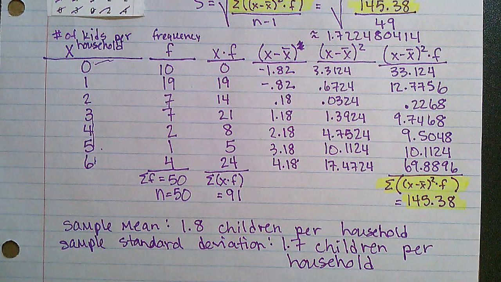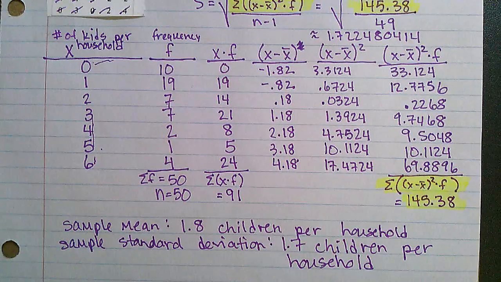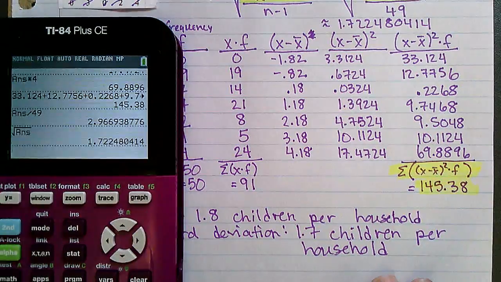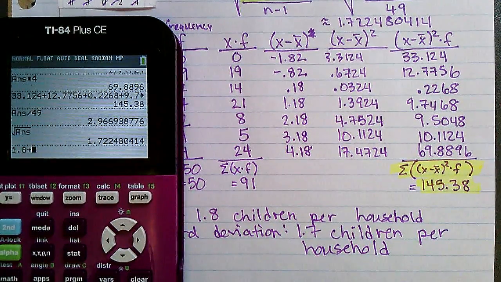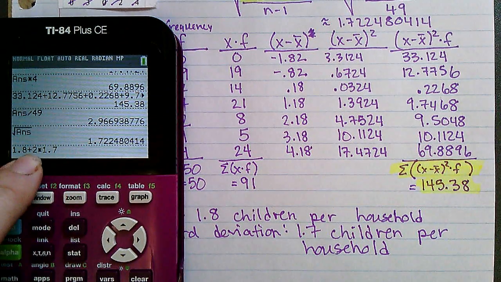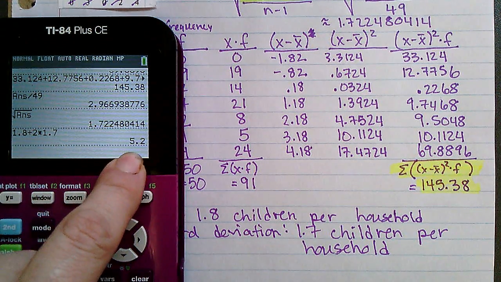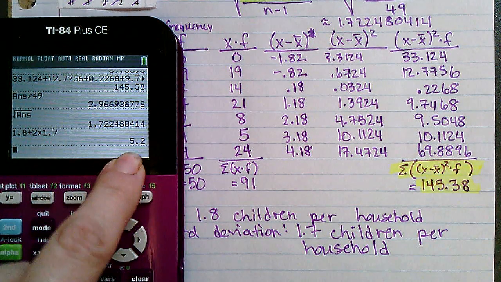So now if we knew whether that followed the normal distribution, then we'd be able to tell what percent would be unusual and very unusual. But as it is, I can still tell you that 1.8 plus 2 times 1.7, 2 standard deviations from the mean, 5.2, so if you have 6 children or more, would be considered unusual.